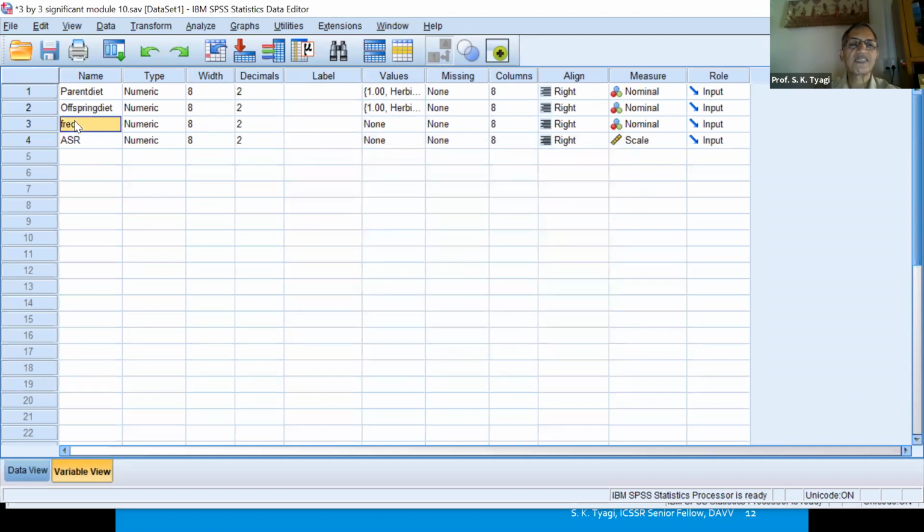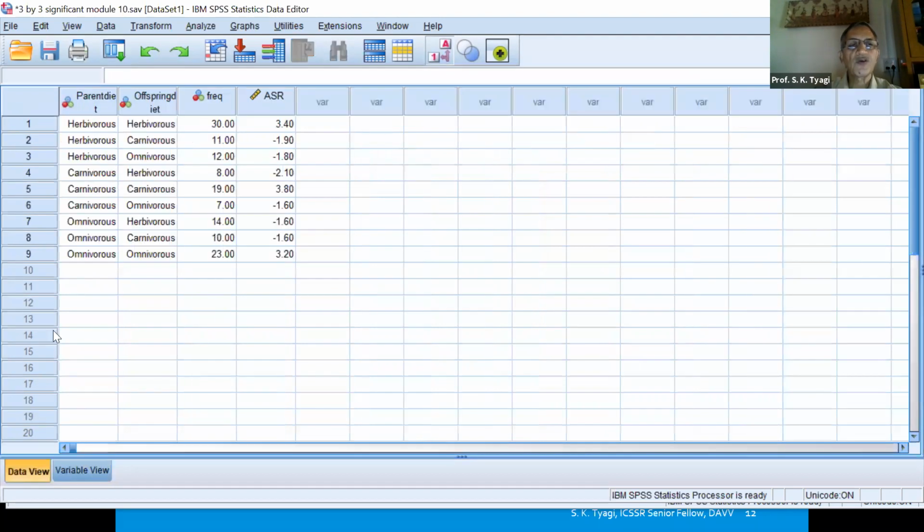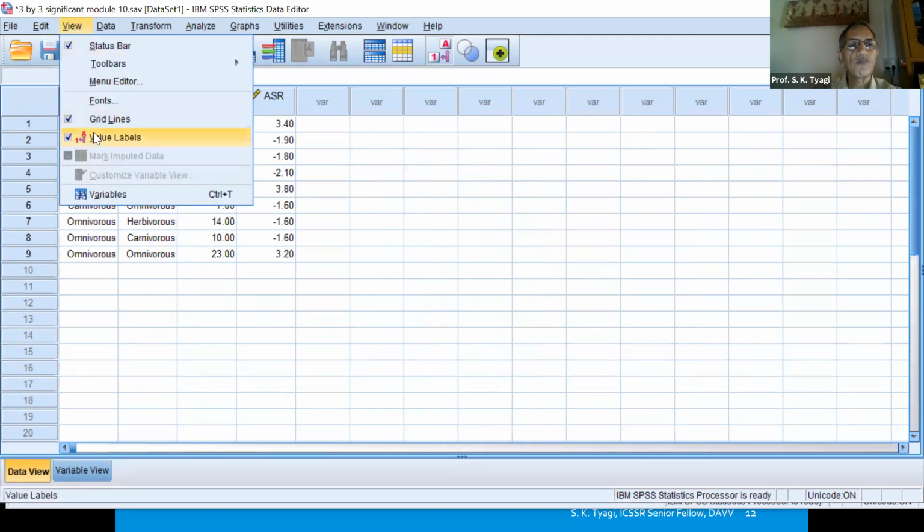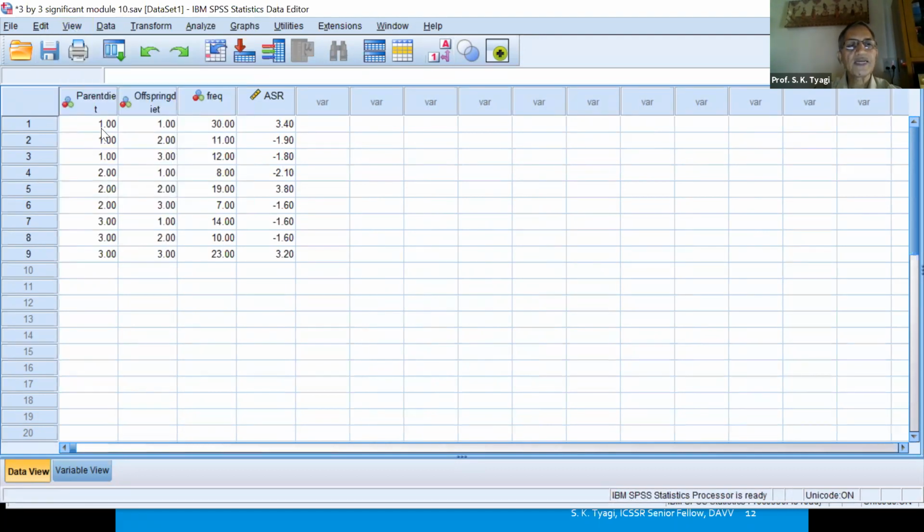Third is frequency. You ignore this for the time being, A as R, this is adjusted standardized as well. So what do we do? I type here 1, enter 1, enter 1.